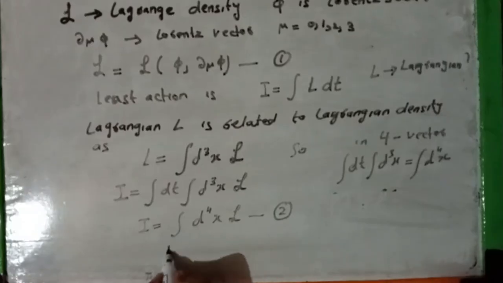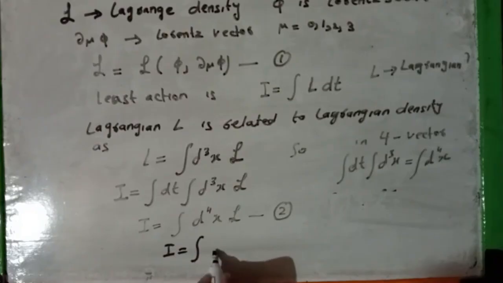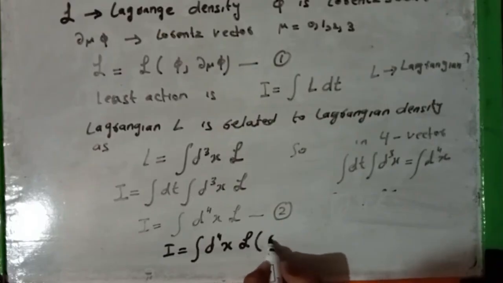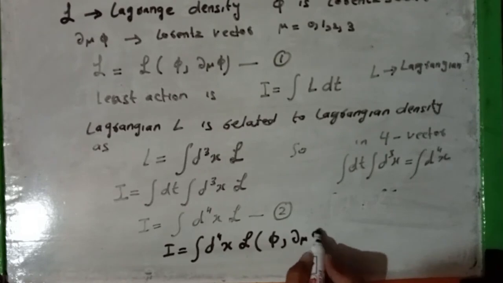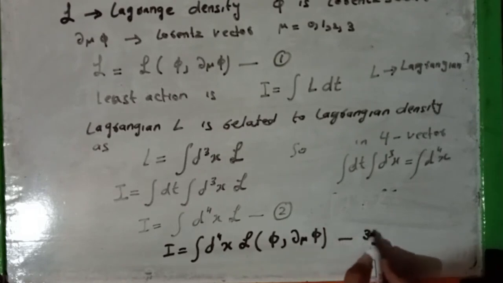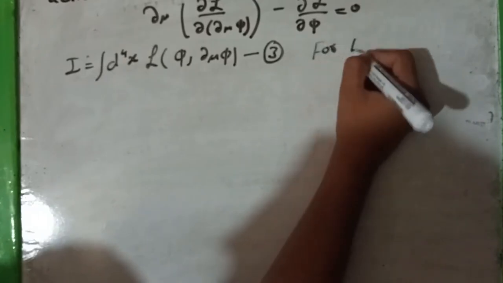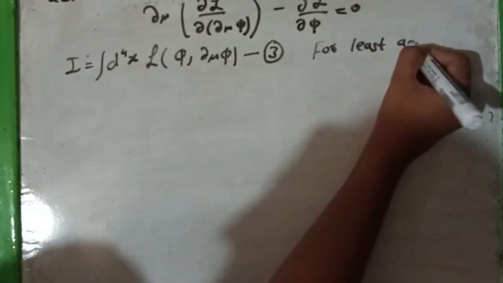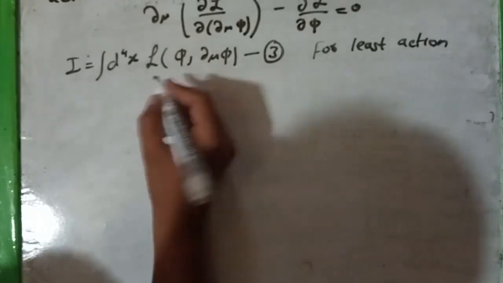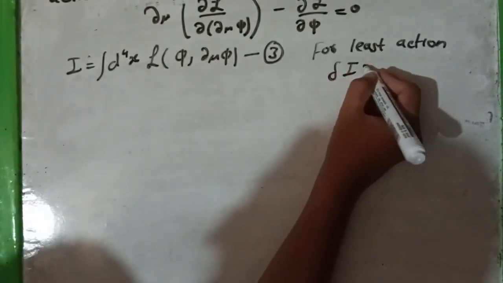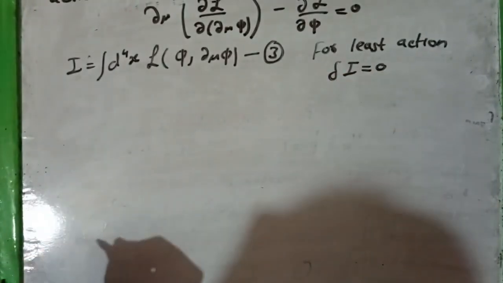This is equal to: the action is the integral d⁴x of the Lagrangian density, which is a function of φ and ∂_μ φ. For least action, δI is equal to 0.